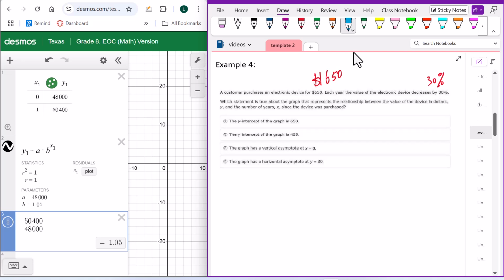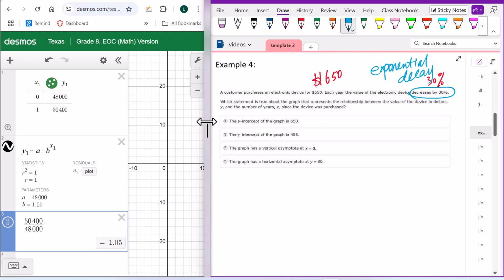Decreases by means this is an exponential decay. Which statement is true about the graph that represents the relationship between the value of a device in dollars, y, and the number of years, x, since the device was purchased?